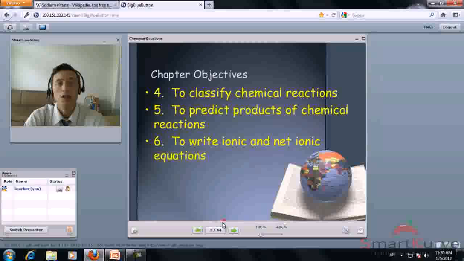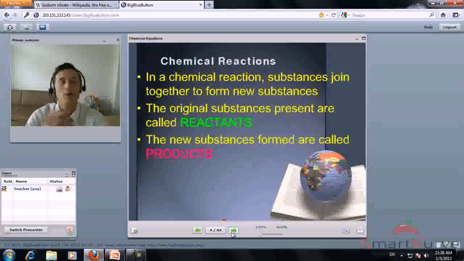Well, we are going to learn how to classify chemical reactions by the types of bonds that are formed between the reactants and the products. Those two words that I keep using again and again, reactant and product, let's take a look at what they mean.